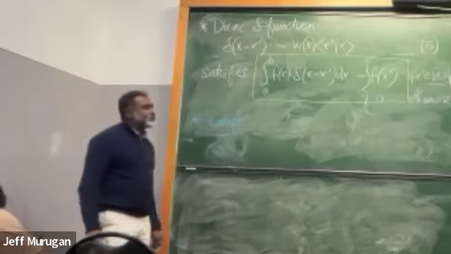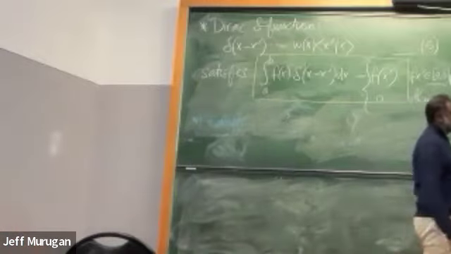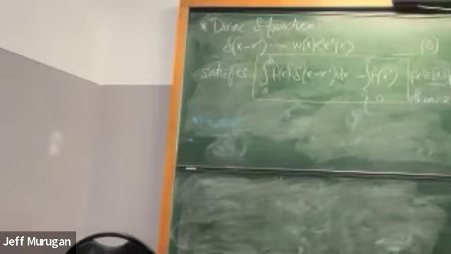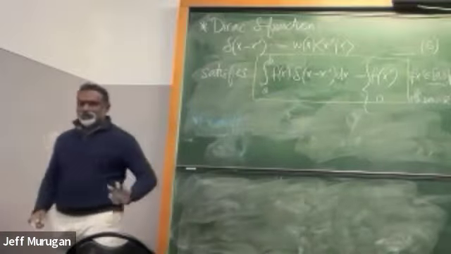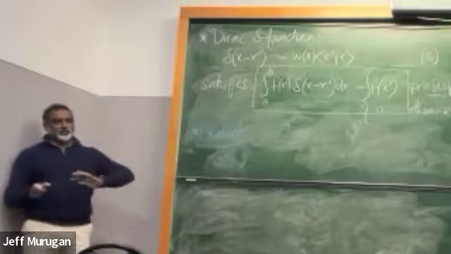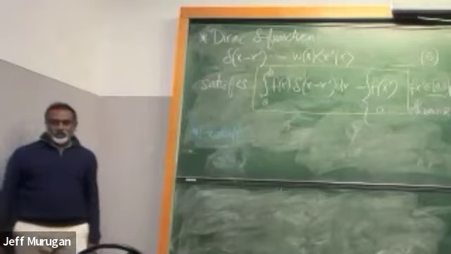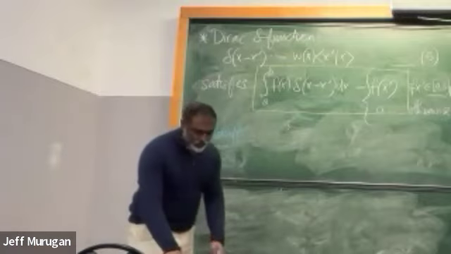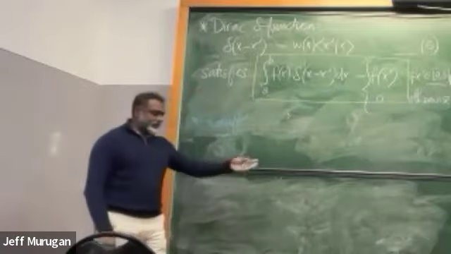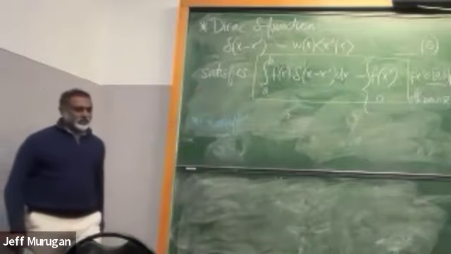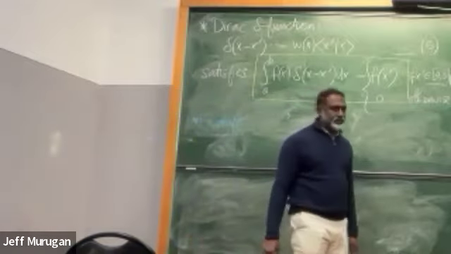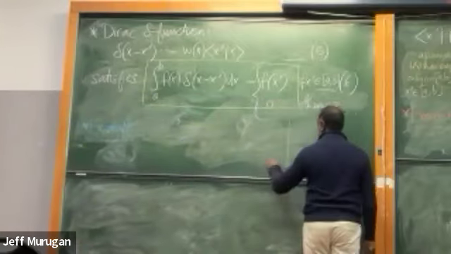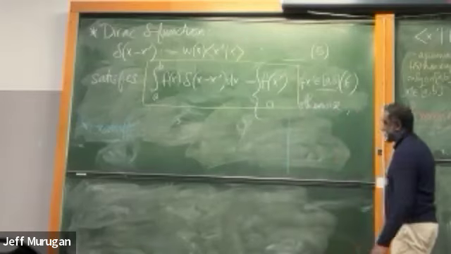Typically when you introduce the Dirac delta function at the undergraduate level, it's good to start with functions and define the Dirac delta distribution as a limit of functions that you already know and work with. For this we pick many different types of functions, whichever gives us the best intuition. So let me give you some examples of what such a function can look like.